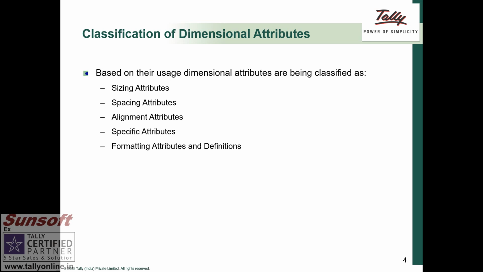Alignments are center, right, and left alignment, and then there are some specific attributes. Formatting and definitions are the style, the font, the bold. These are the styling and formatting attributes.